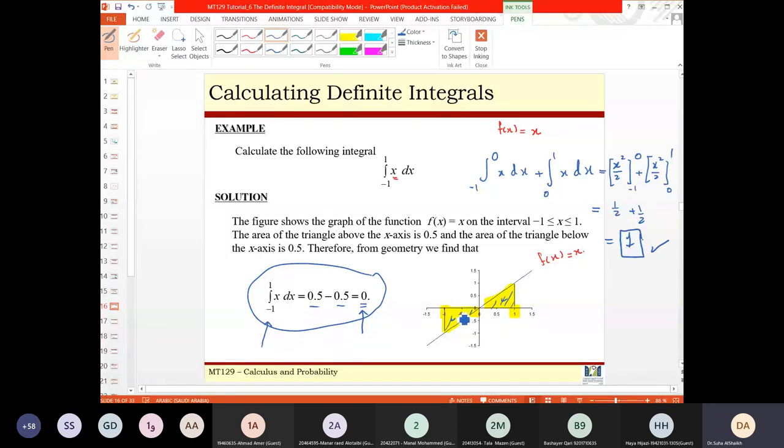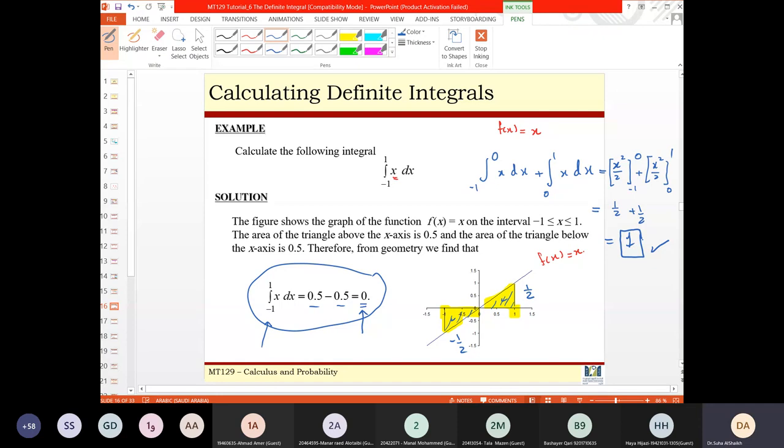When I look here, I have an area, I have a rectangle and a rectangle here. So I have area. Because the integration is one part below and one part above, and one of them is positive, one of them is negative, right? This is half and this one is below, so it's minus half. They will cancel out.